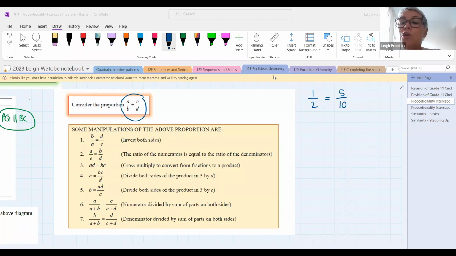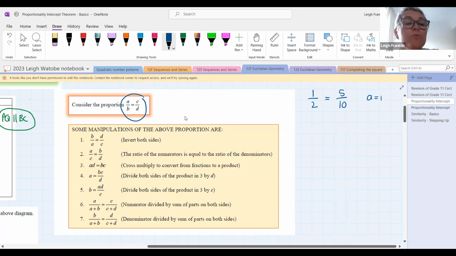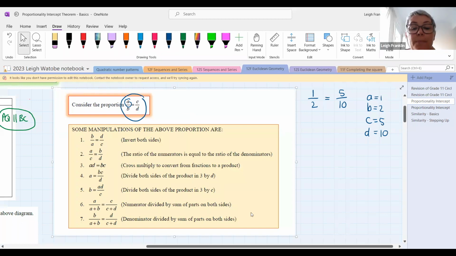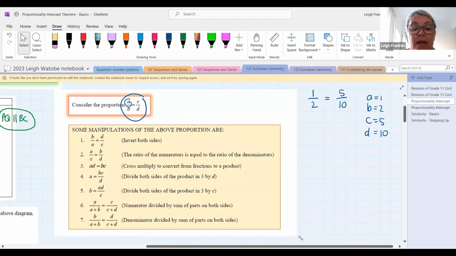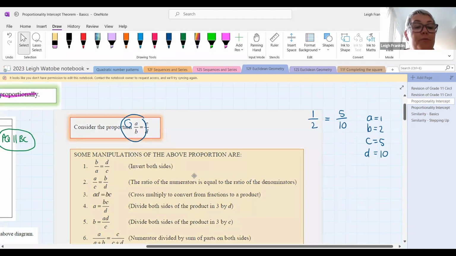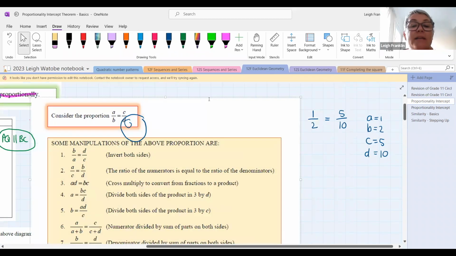So now I want you to consider, we're going to assign A, number 1. So I'm talking about the A from here. That's going to be 1. B is going to be 2. C is going to be 5, and the D is going to be the equivalent of 10, right? And I want to just go through what happens when we apply these manipulations. All right, so I'm just going to make this a little bit bigger. Okay, so the first thing over here, it says to us, we can invert both sides.